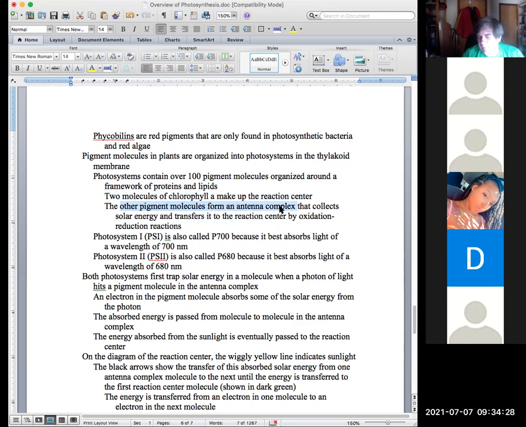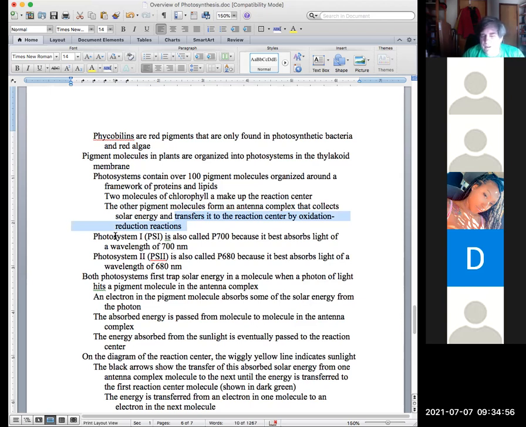So the antenna complex works like the antenna in the old days that people used to have on their house to get TV reception. The antenna complexes are going to collect solar energy, and once they collect it, they're going to transfer it to the reaction center. And they're going to do this by some of those oxidation reduction reactions that we talked about the other day.